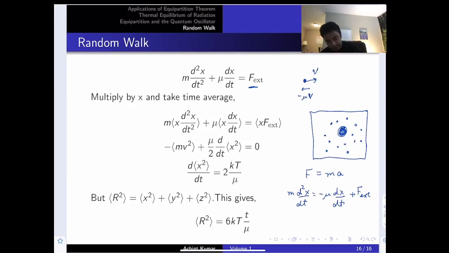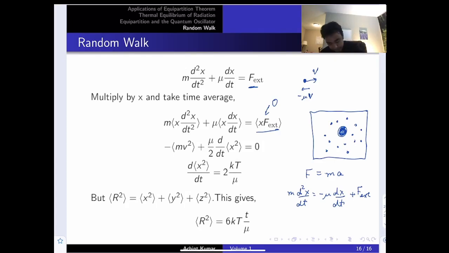Now this term, x times F external, would be equal to 0, because the force is not correlated with the position. So when I take the product, I get 0. They're uncorrelated. Similarly, the average value of the force is 0. That's what it actually means.